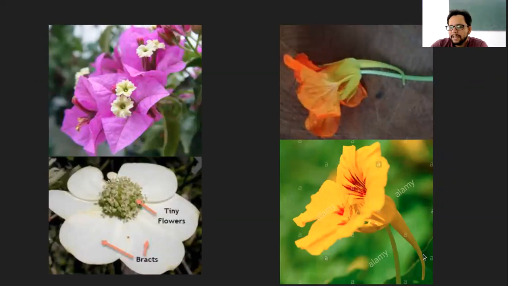This is also visible in this diagram, where you have the stalk here and this side structure is the nectary. So some flowers do have special structures.